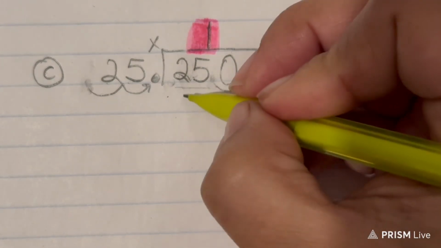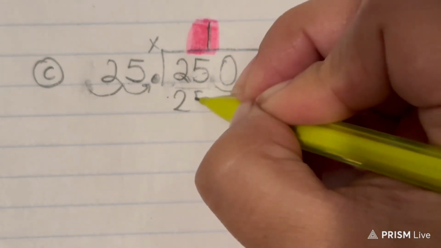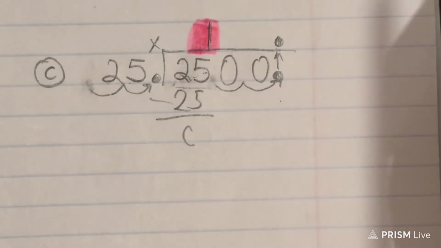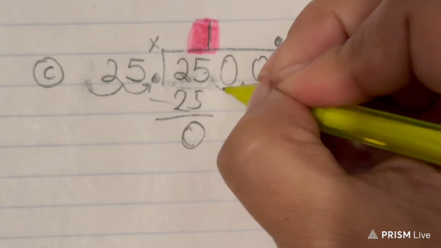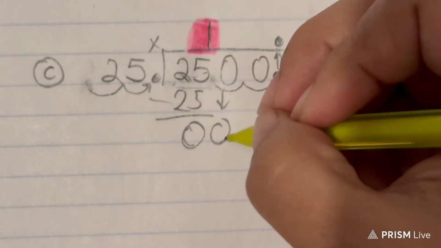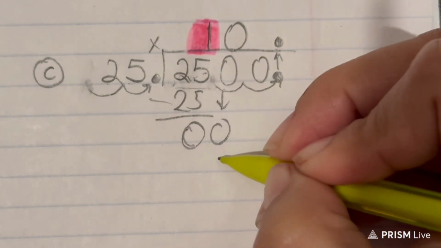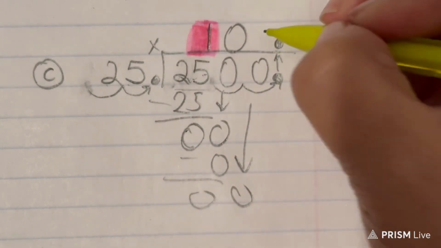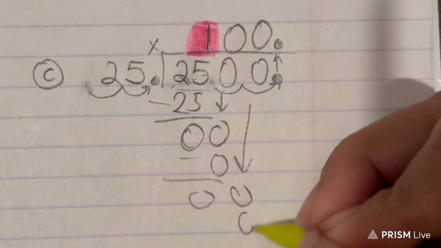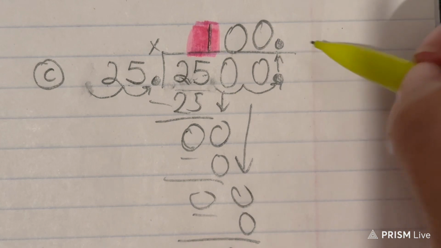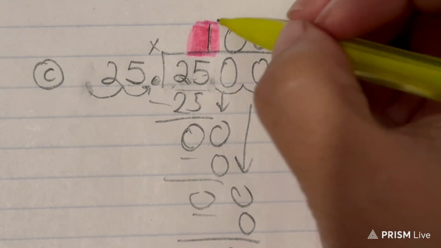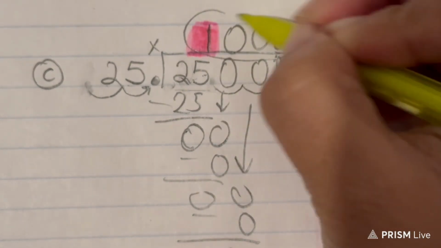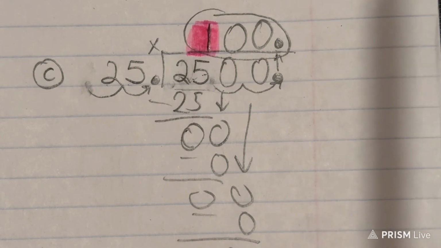So it starts there, right above my 5. Bring down the 0. 25 goes into 0 0 times. Bring down that 0. 25 goes into 0 0 times. Okay, so my answer in the end is going to be 100 with a decimal at the end of it.